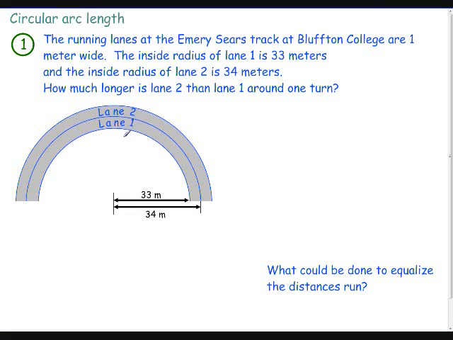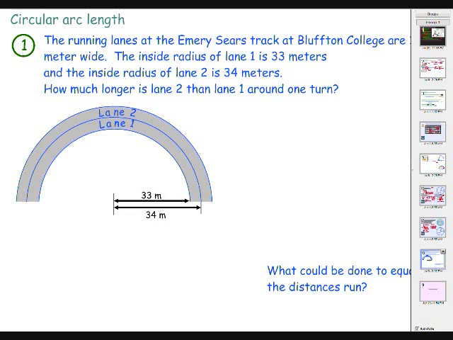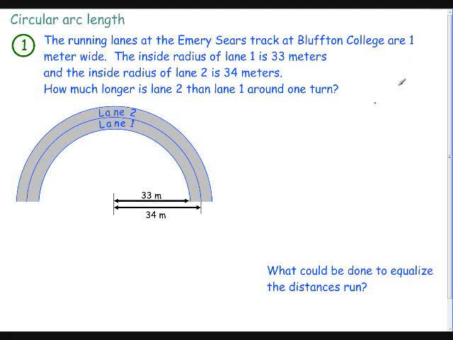Circular arc length. Oh, I love this problem. Okay. The running lanes at Emery Sears Track are 1 meter wide.